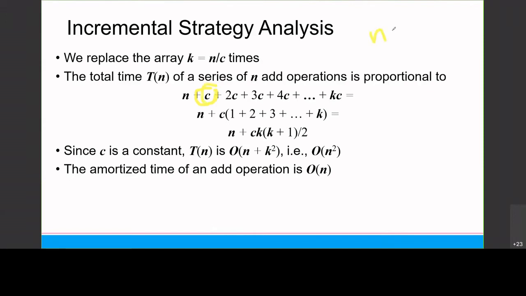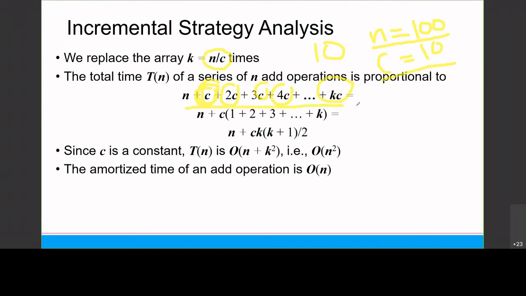If I have another 100 data, and I would like to increase the array with, for example, 10, the first will be 10, and the next will be 2 multiplied by 10, then 3 multiplied by 10, then 4 multiplied by 10, until k. What is k? k means n divided by c. So if I have another 100 data and I want to increase the array for every 10, it means there will be 10 times.